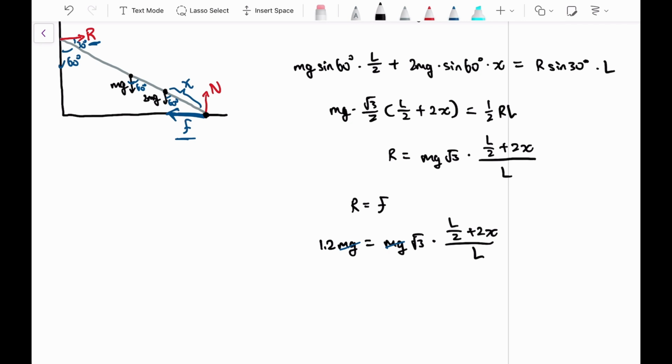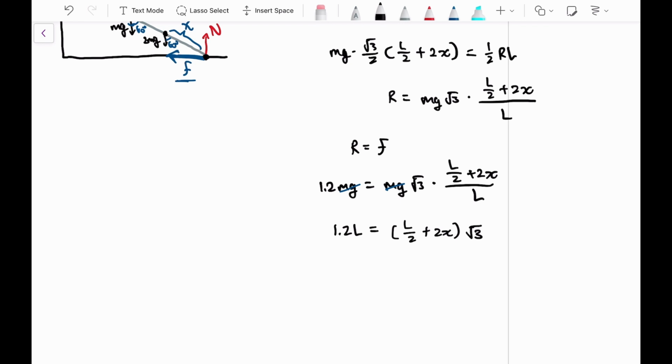So 1.2 L is equal to L over 2 plus 2x times the square root of 3.